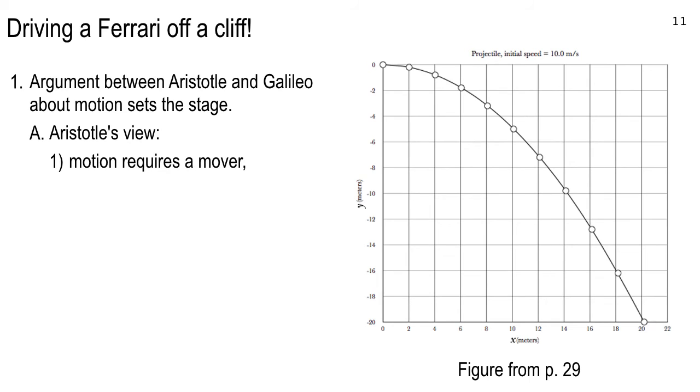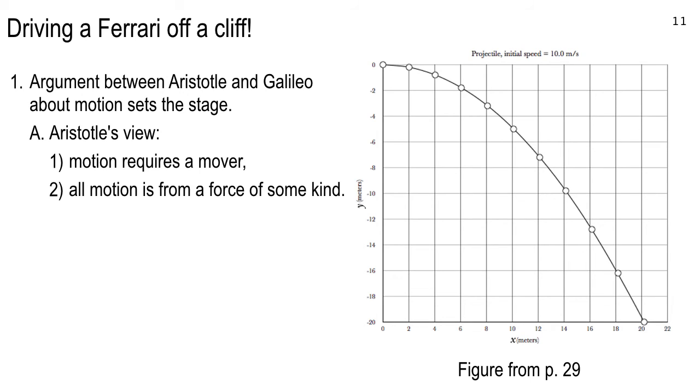In Aristotle's view, his belief was that anything in motion requires a mover. In other words, there's got to be a force of some kind, either a push or a pull, for something to move. If you read Aristotle's book called Physics, he describes all kinds of stuff like the flight of an arrow through the air after it leaves the bow.